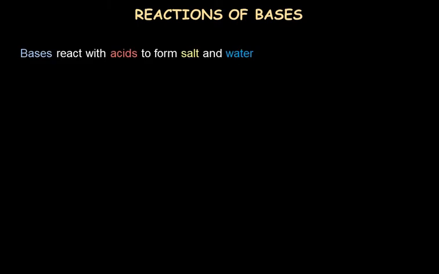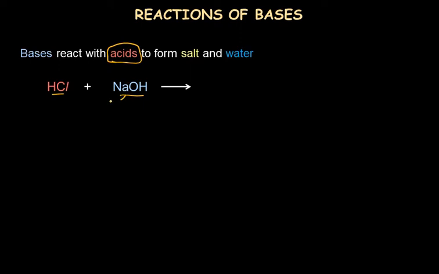Now when a base reacts with an acid, it forms salt and water. We have already seen a few examples when we looked at the reactions of acids in our earlier video. Here are similar reactions. For example, if a base like NaOH reacts with an acid like hydrochloric acid, it is going to form a salt, and we have also seen what a salt is and how it is formed.